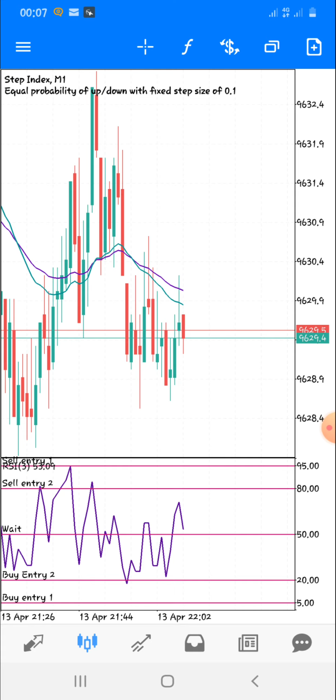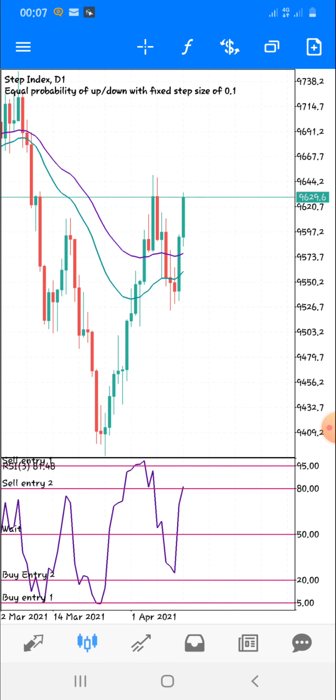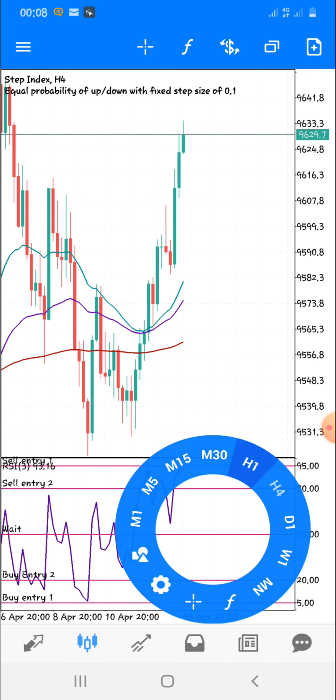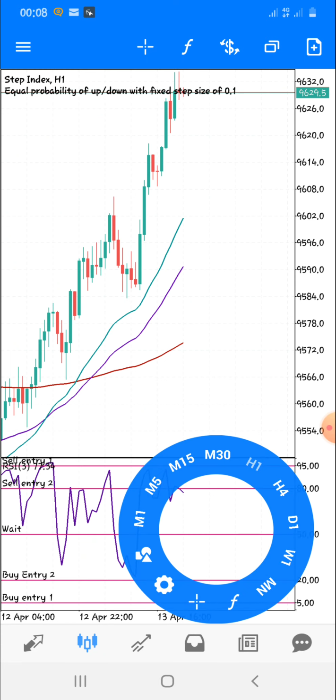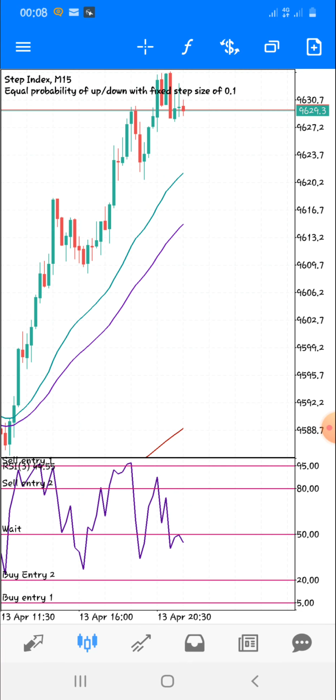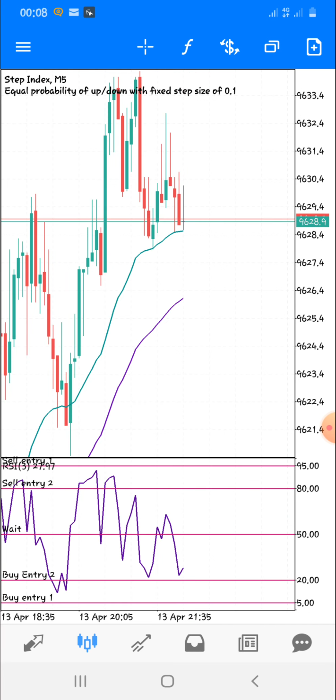So first of all, you need to analyze the market using the bigger time frame, from the daily. You go to the 4-hour time frame, you go to the 1-hour time frame, then the 30 minutes time frame, the 15 minutes time frame, and the 5 minutes time frame.